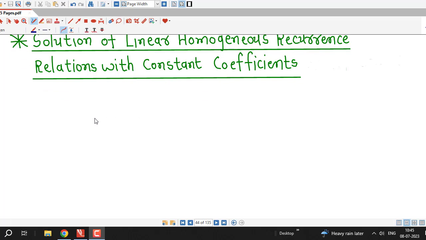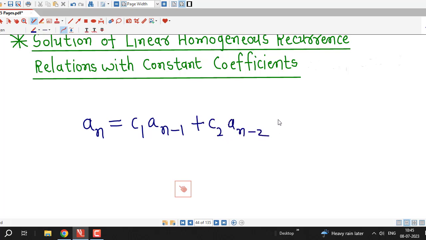So first we recall what is a linear homogeneous recurrence relation of degree say k. A linear homogeneous recurrence relation of degree k is the recurrence relation which can be written in this form: an equal to c1 times an minus 1 plus c2 times an minus 2 and so on plus ck times an minus k.